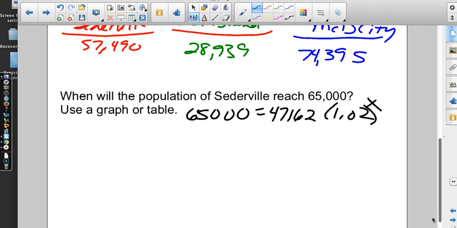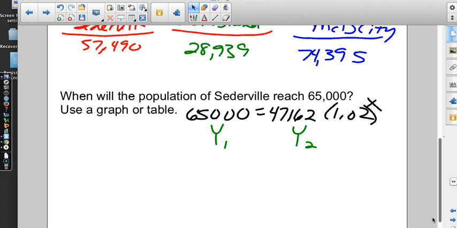Now, if we tried to solve this by hand, we divide both sides by 47,162, but then we'd be stuck. And that's because we haven't learned logarithms yet. So what we do with this is we use good old Blinky, little Blinky. We say, okay, if all else fails, I'll put this in as y sub 1, I'll put this in y sub 2, I'll mess with my window, and I'm going to make this work, doggone it.